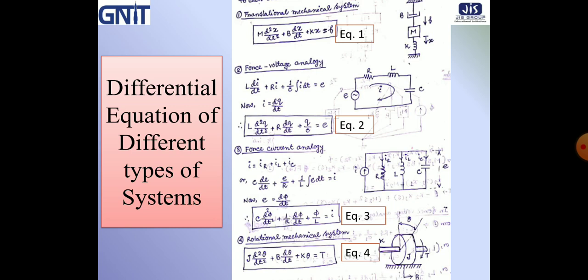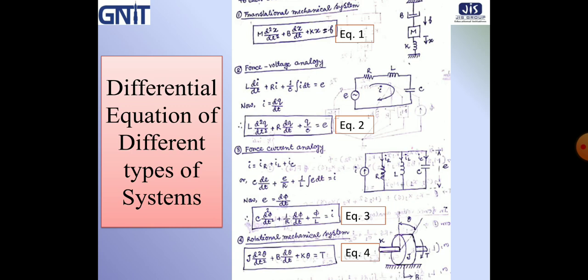Now we all know that according to the definition of current, i is equal to dq by dt. That means current is the rate of change of q, where q means charge.